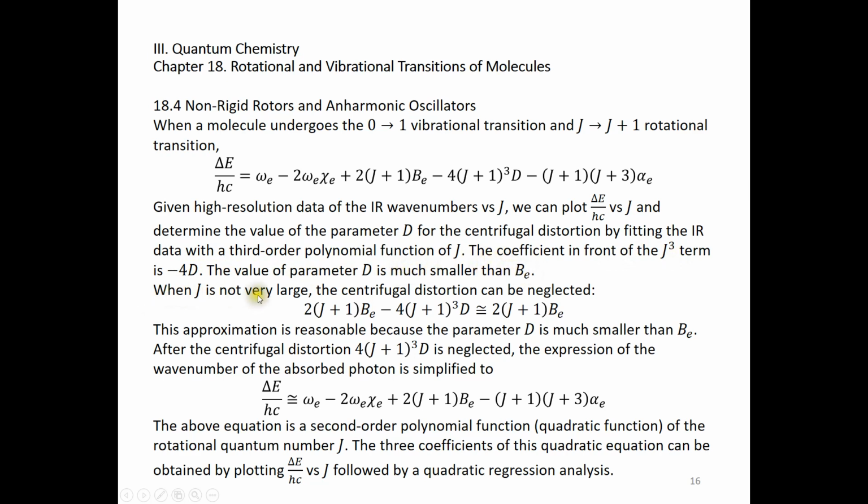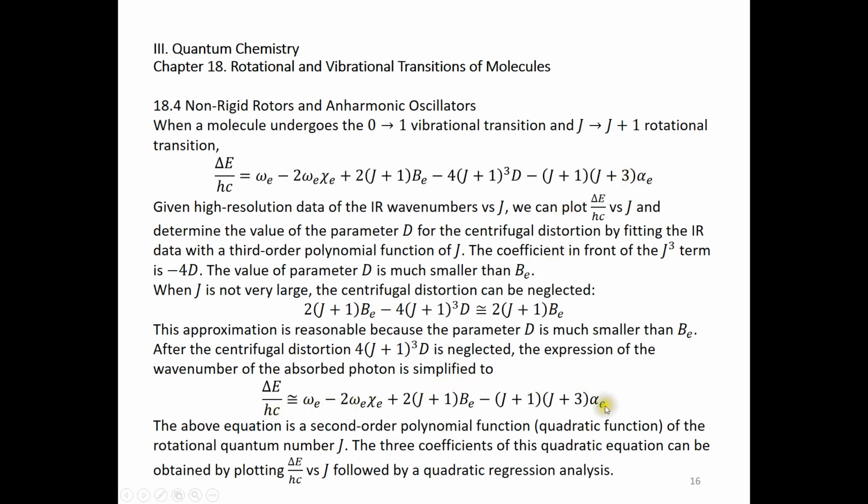When J is not very large, we can neglect this non-rigid correction or centrifugal distortion. So over here, 2 times J plus 1 times B is much larger than 4 times J plus 1 cubed D. So when that's the case, we can simplify this equation, and on the right hand side you will see a second order polynomial function of J, also called a quadratic function of J.